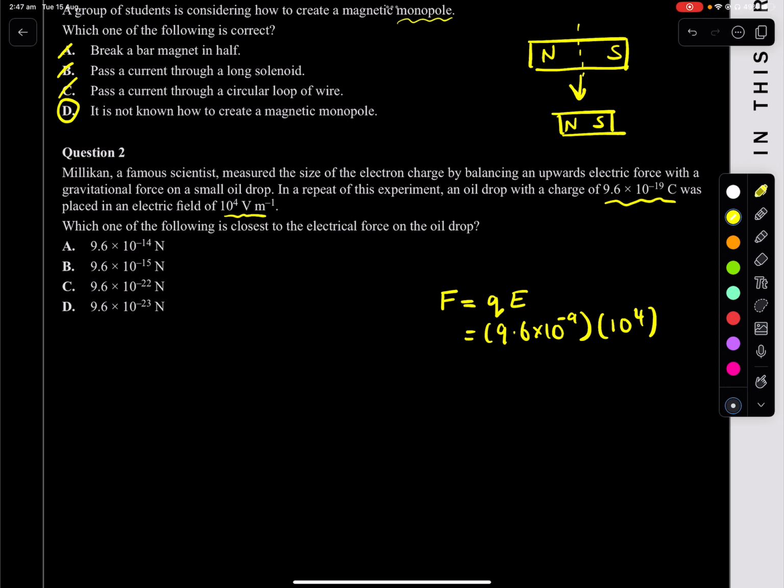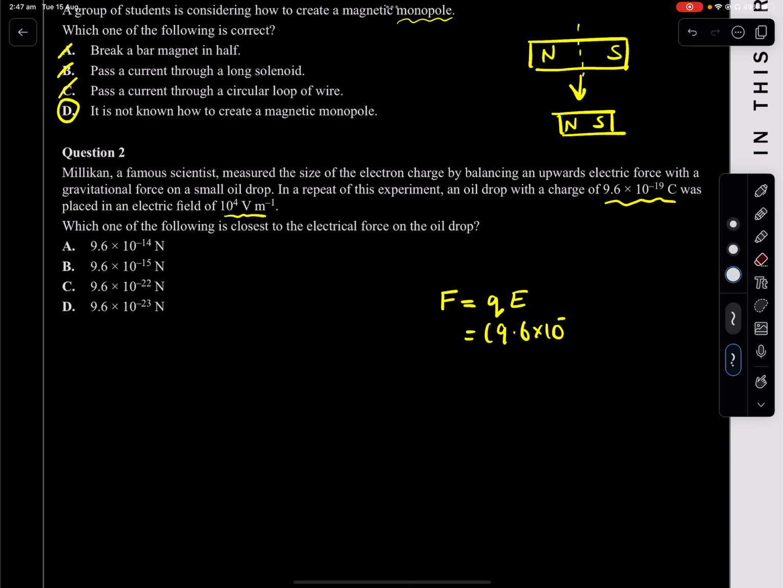So doing this, 9.6 times 10 to the negative 9 times 10 to the power of 4. Oops, what am I doing? Alright, wait. 1.6 times 10 to the negative 19.